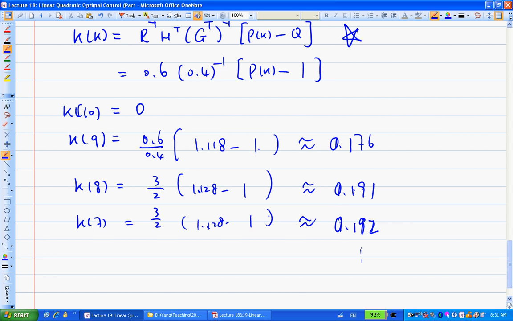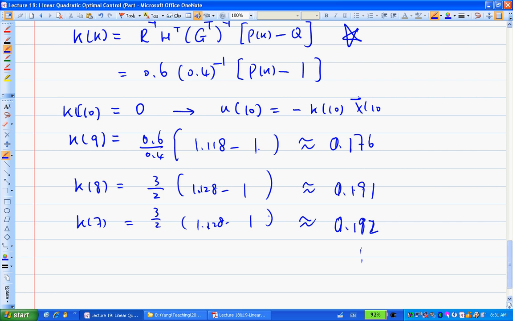Okay. So the other thing is, you know why this is 0, right? Because remember what I said, k of 10 corresponds to u of 10, because u of 10 is generated from k of 10 and x of 10.